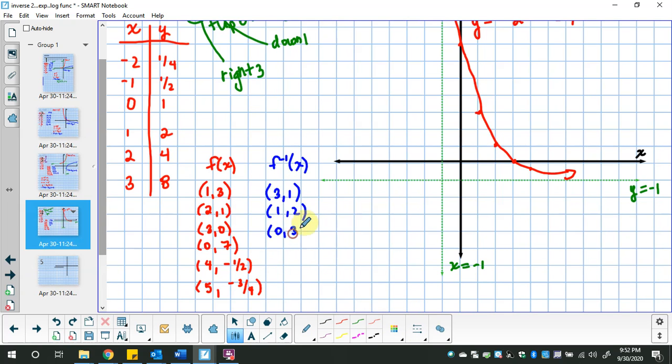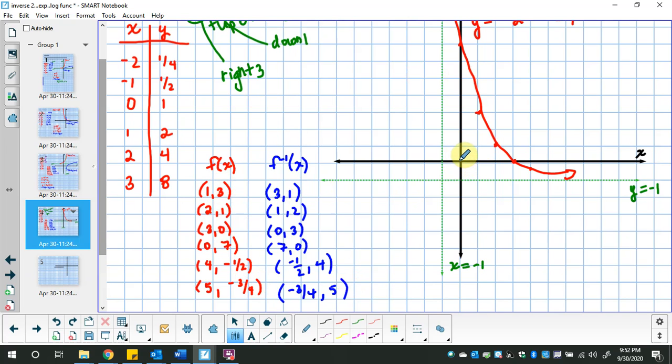You wouldn't think that this is the thing I have the most difficulty with. The nice thing is, if you know that reflection business over the line y equals x, if you make a mistake, you can catch yourself. Which often happens to me because for some reason I find it reasonably difficult to flip these points around.